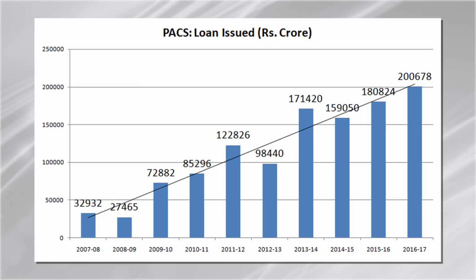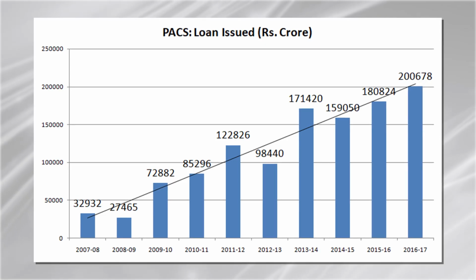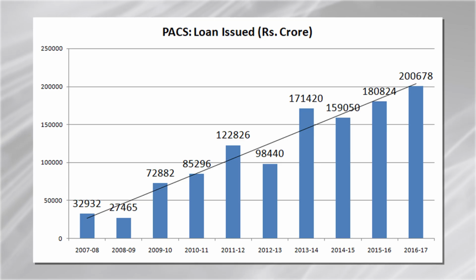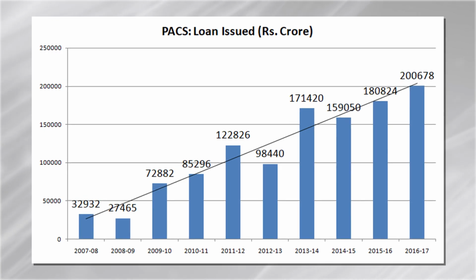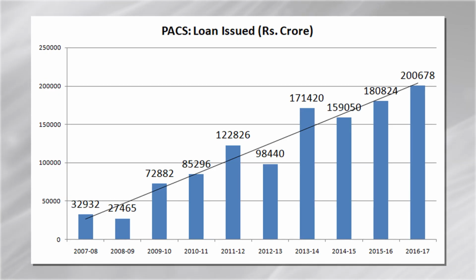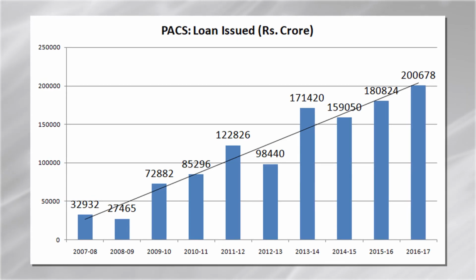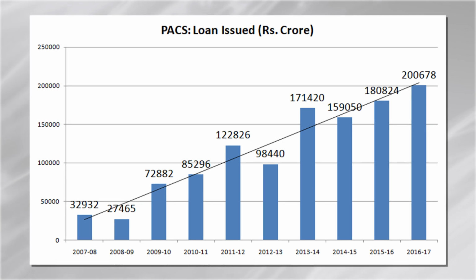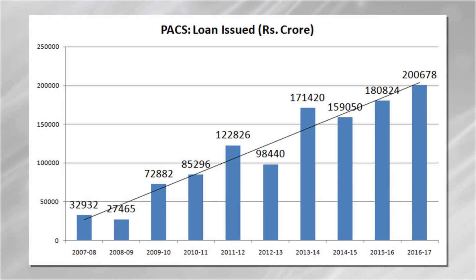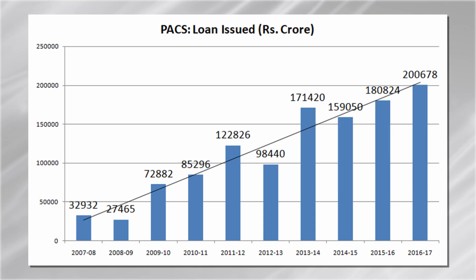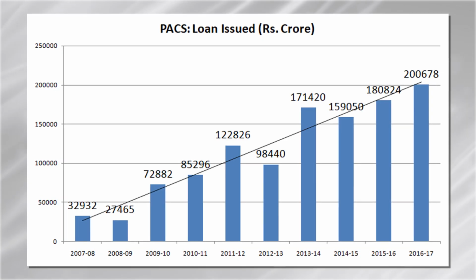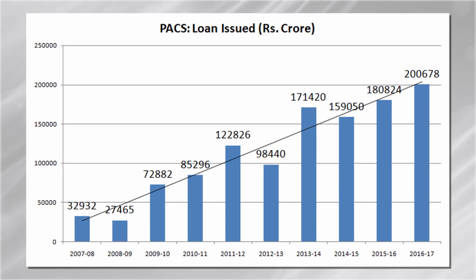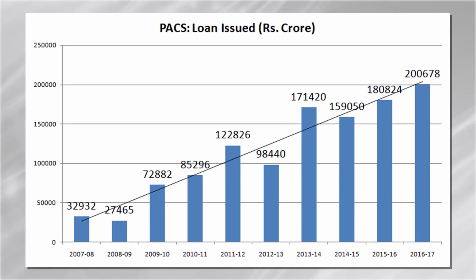And in the year 2016-17 the amount of the loan issued has increased to 2,678 crore rupees. So you can say there is more than a 6-7 times increase in the amount of the loan issued over the period of 10 years.